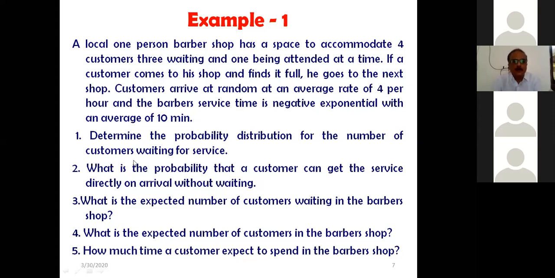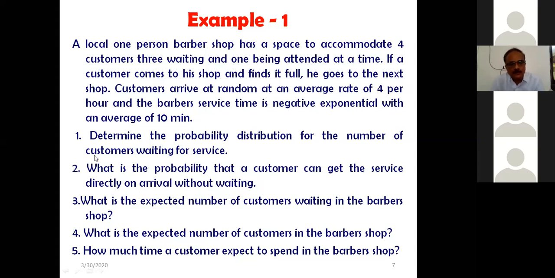Now here we have to determine the probability distribution for the number of customers waiting for service. Then second, what is the probability that a customer can get the service directly on arrival without waiting?